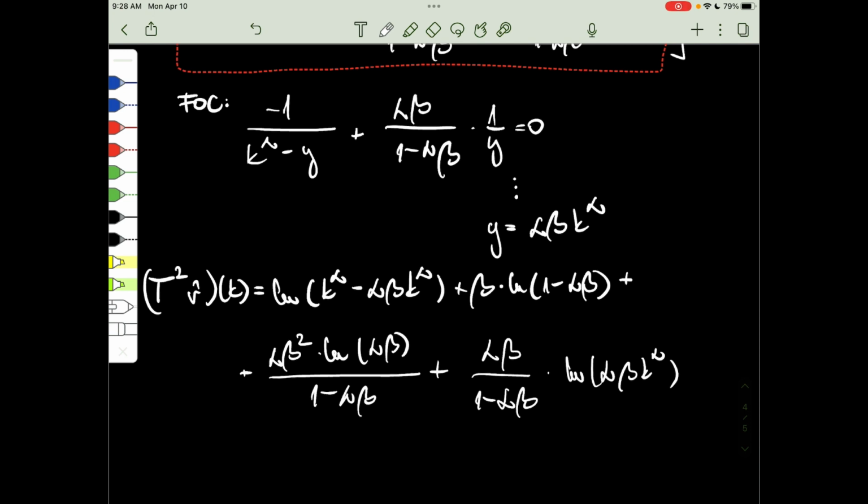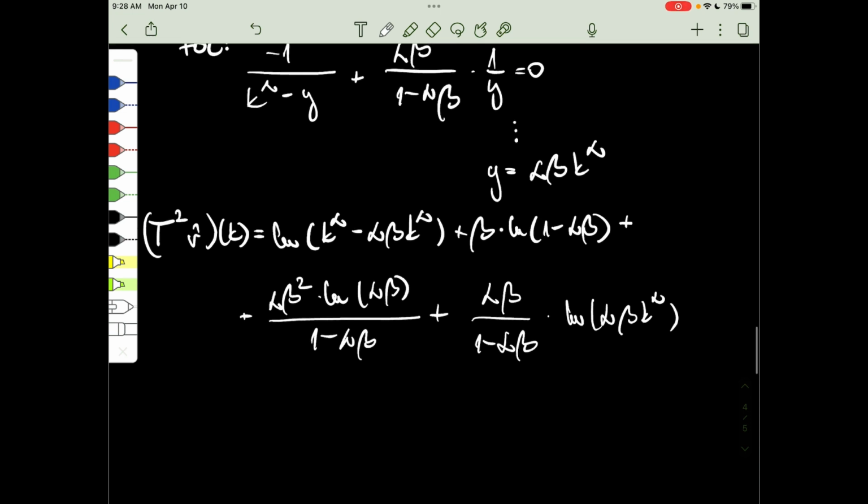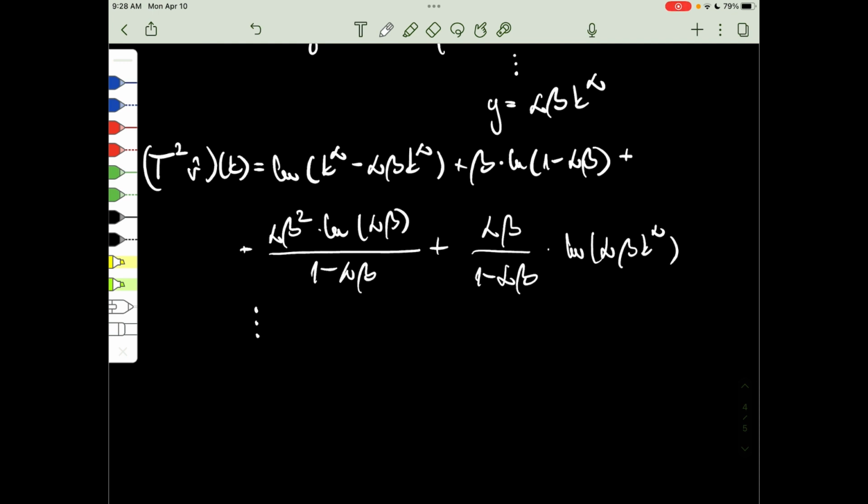Okay? So this can be simplified into this value function. So this is the outcome of the second round of the iteration with the upper threshold.